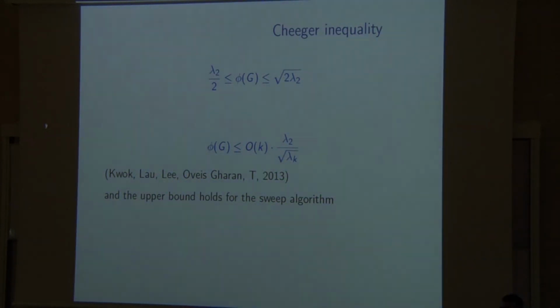But if you have a graph where the spectrum has a gap, so where maybe lambda 2 is small, but lambda 5 is very large, well then this is a considerably better upper bound. Now graphs that come out of generative models, where you say there is some unknown partition, and then edges are random and have high probability inside cluster and low probability between clusters, are graphs where if you start off with k clusters, lambda k plus 1 would be large.